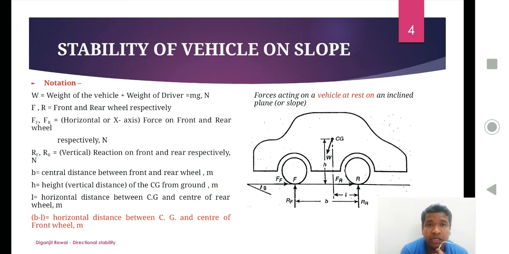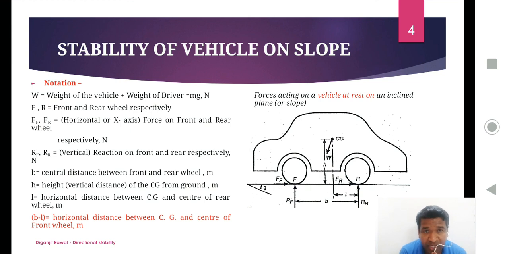W is equal to the weight of the vehicle plus the weight of the driver, equal to mg in Newton. F and R are the front and rear wheel respectively. FF and FR are the horizontal or x-axis forces on the front and rear wheel respectively in Newton. RF and RR are the vertical reactions on the front and rear respectively in Newton.